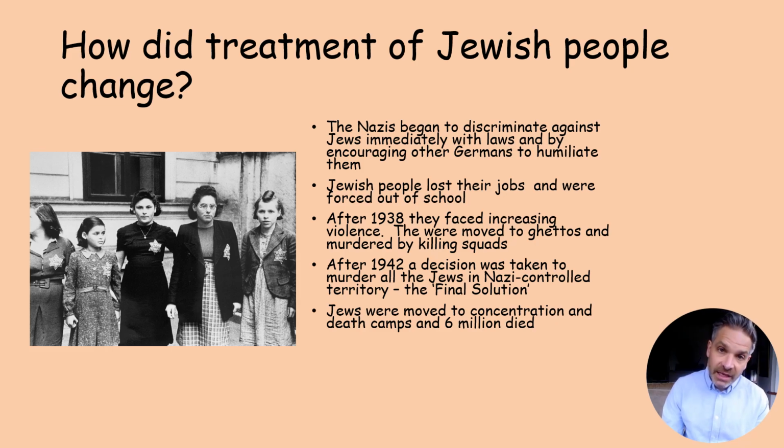And the means by which this is to be achieved is by building a series of concentration and death camps across Eastern Europe, where Jews will be sent either to be worked to death or to be immediately murdered, and the most famous of these, of course, is Auschwitz-Birkenau, which was both a concentration and a death camp, and in which many hundreds of thousands of Jews died, principally the largest number from Hungary, but from all across Europe. But there were many of these camps spread all across Germany and Eastern Europe.